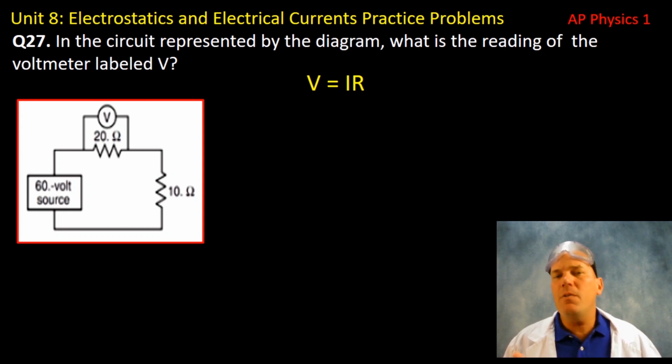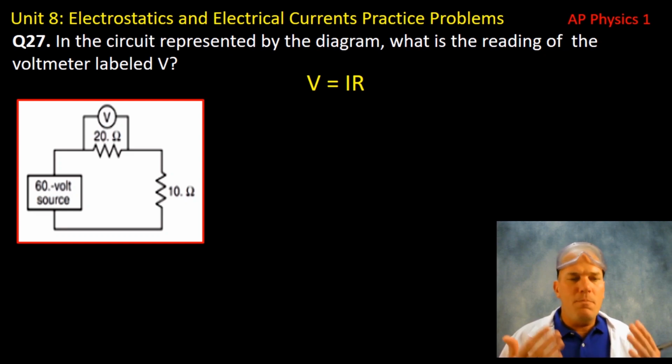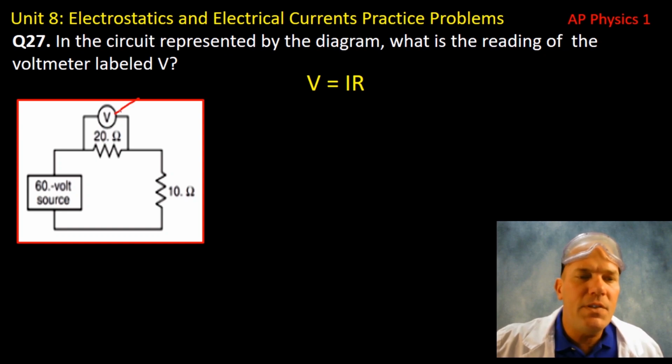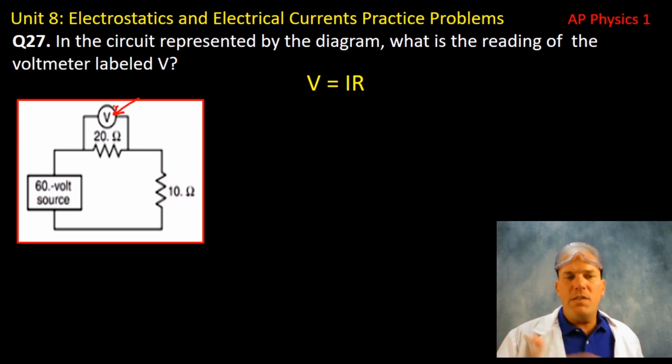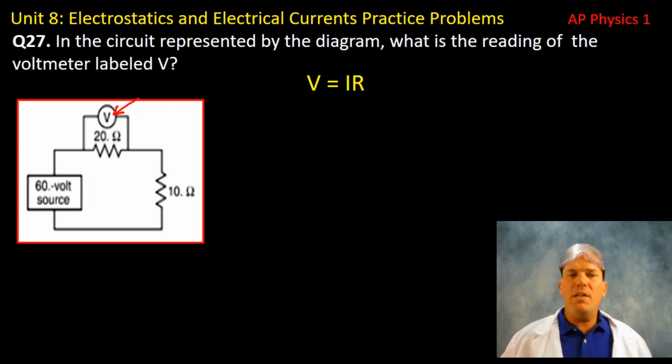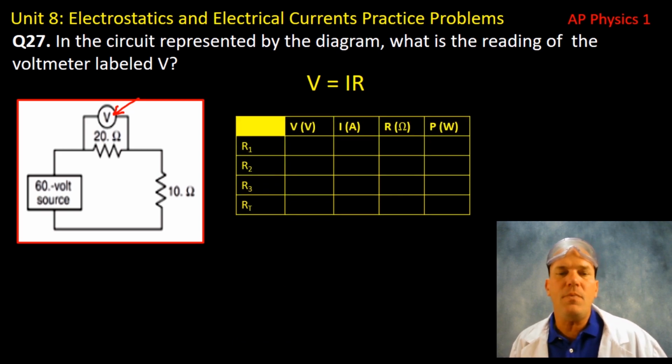We have a circuit represented by this diagram, and you are asked, what is the reading in the voltmeter labeled V? All right, so this one is specifically asking, what is this reading? And note the voltmeter is hooked up parallel and across the 20 ohm resistor.